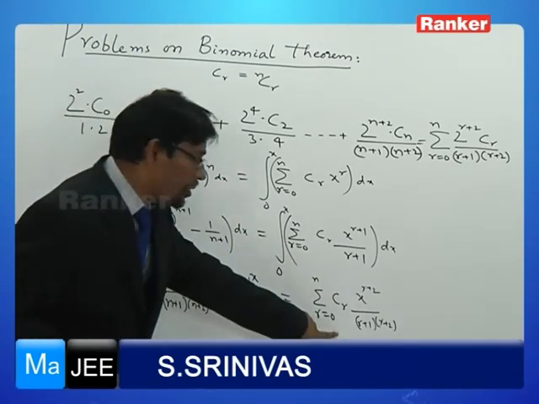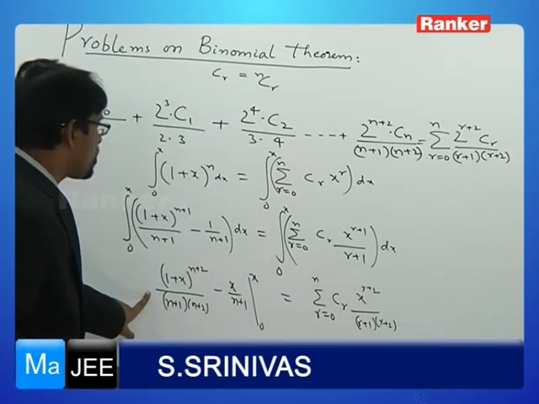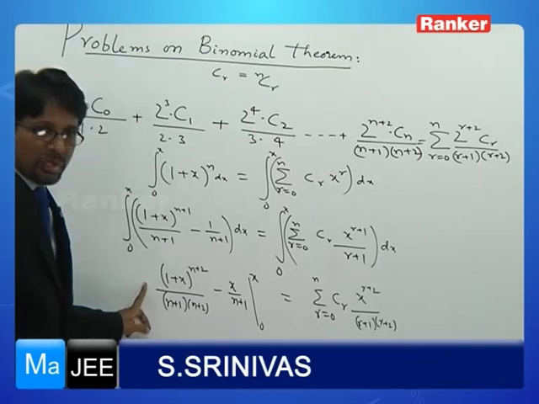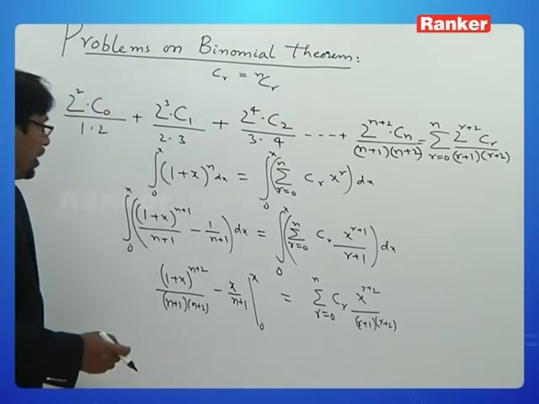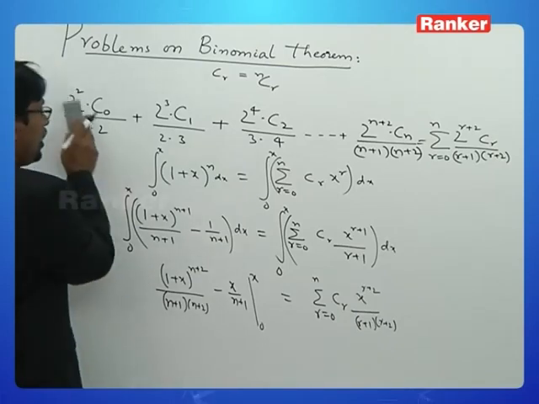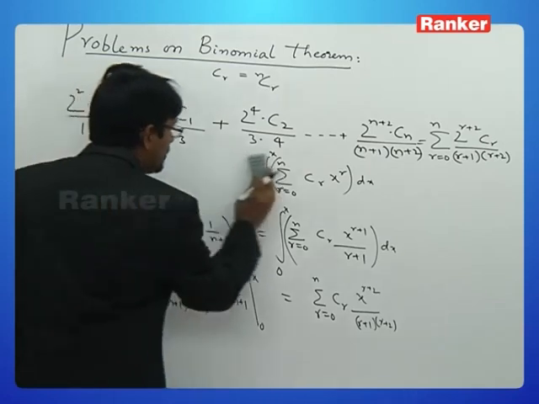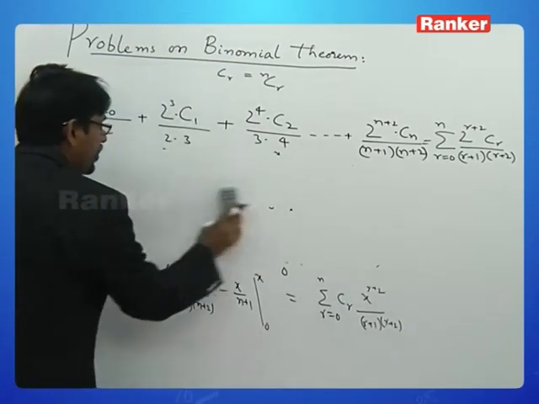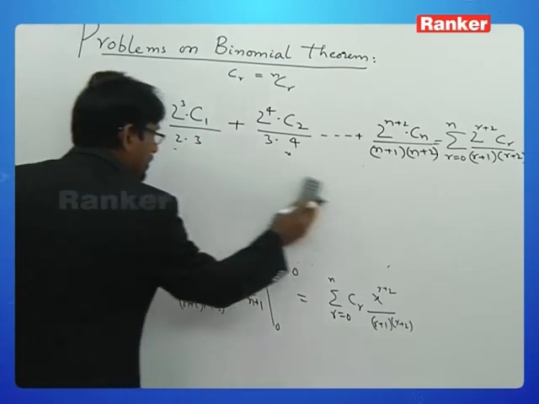So all that will come on the right hand side. So the left hand side should be the value of what you wanted here. So let us see what happens here. We'll erase this part and see. Look at this here.